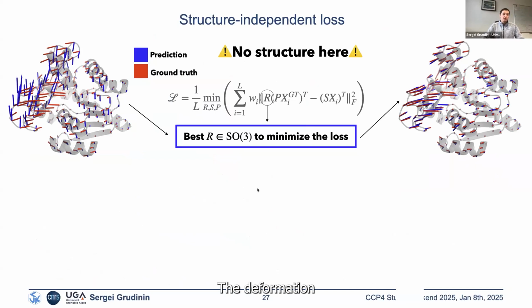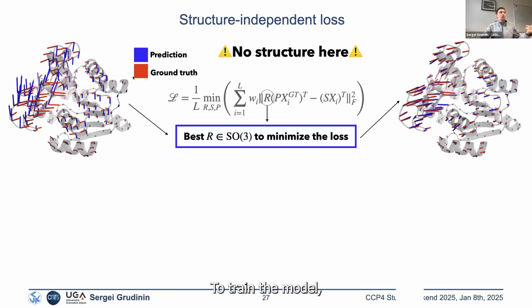It predicts the deformation vectors applied to each atom or to each residue and not the structure. Here on the left, we show the structure just for illustration purposes. In reality, our prediction is shown in blue and the ground truth is shown in red. They are oriented in a global random frame.